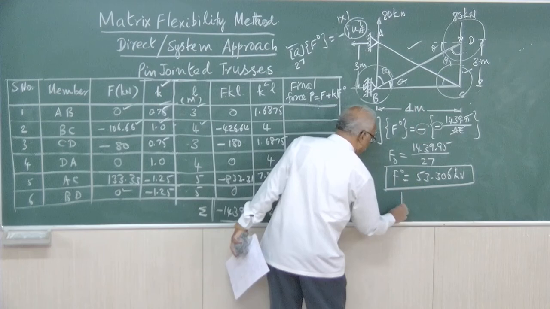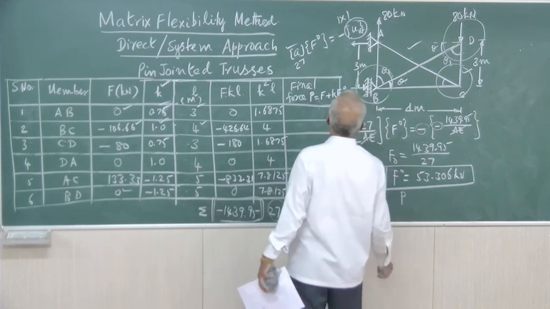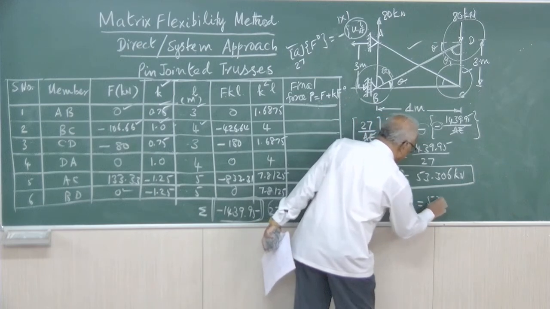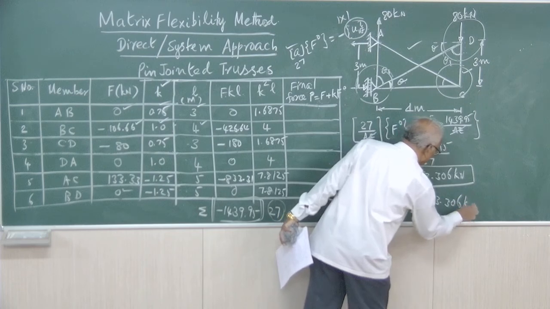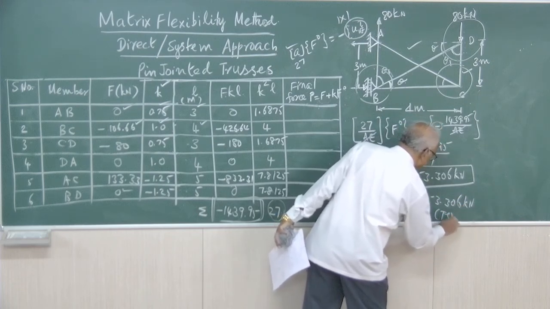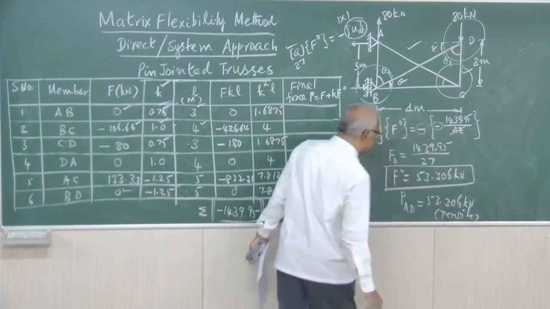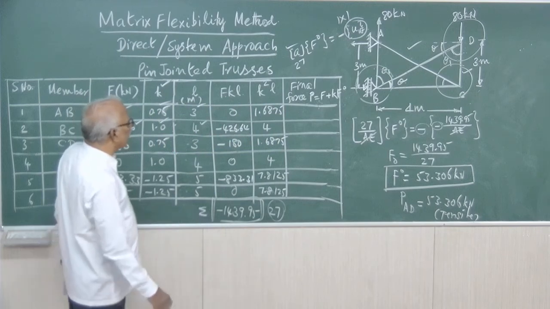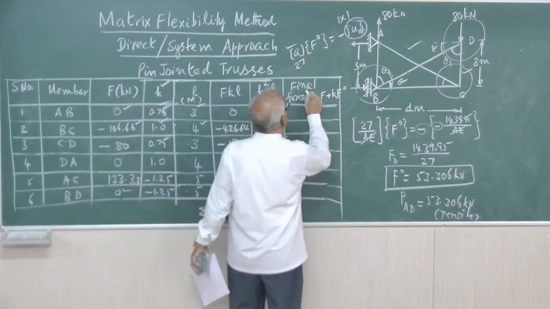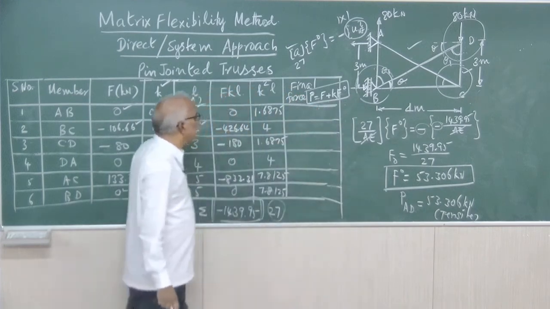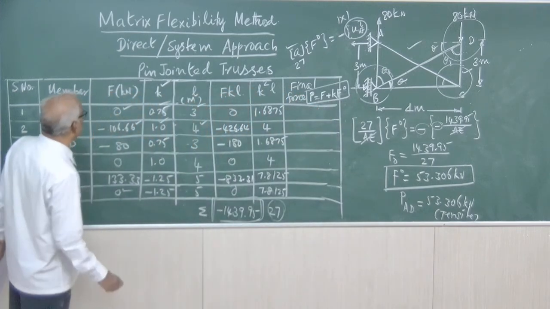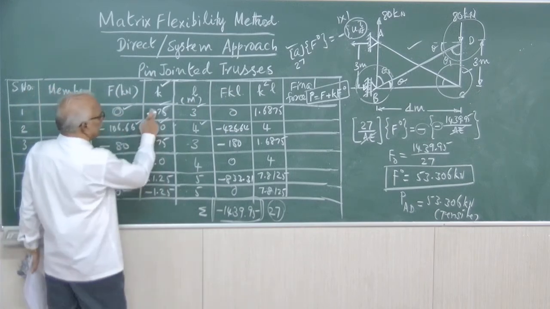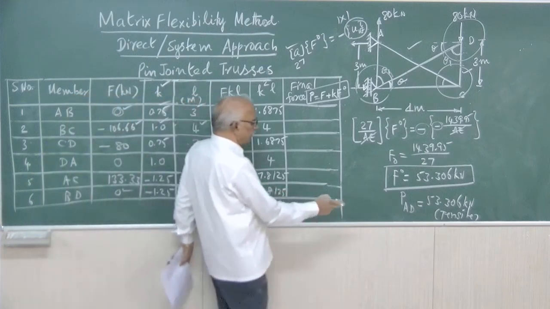Actually, this is the force in the horizontal member AD. The force in the member AD equal to 53.306 kilonewton tensile, of course. So that is about the redundant. That is how you have to find out the value of the redundant. Now here the final force in all other members will be F plus K F naught. F is in the third column, K is in the fourth column, and P is here.